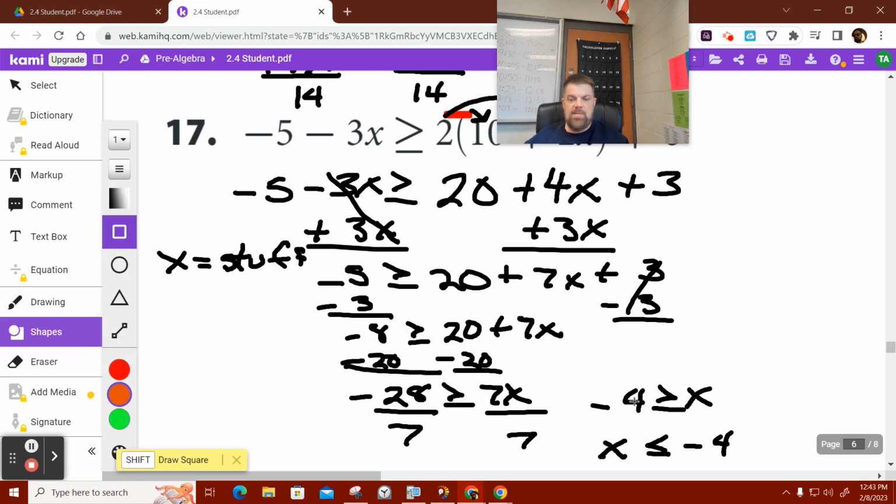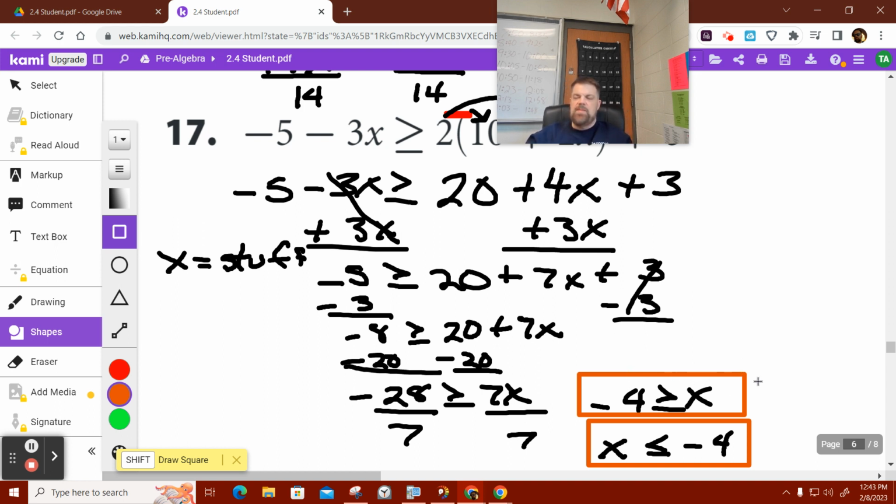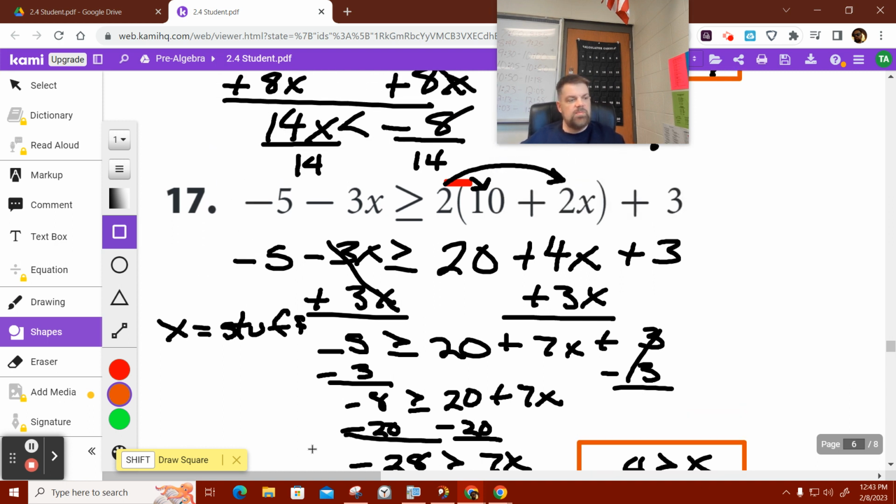Technically they're both the same answer, but we tend to like the second one more because it says x is less than 4. When we go to graph it, we tend to graph it that way. Something like negative 4 is greater than x is just kind of weird for people.